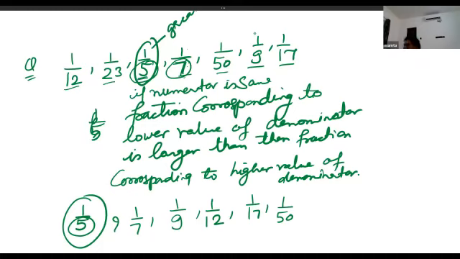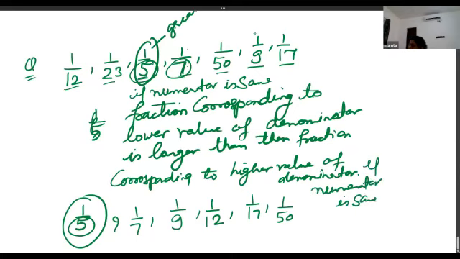So you can write it at the last. At last, you can write if the numerator is the same. Okay, ma'am. Clear, children? Ma'am, can you wait? I'm going to copy.